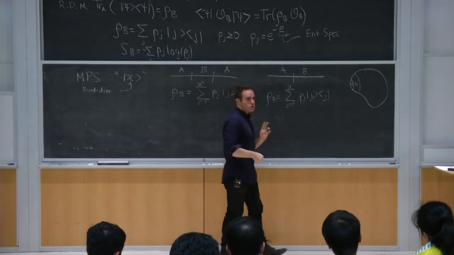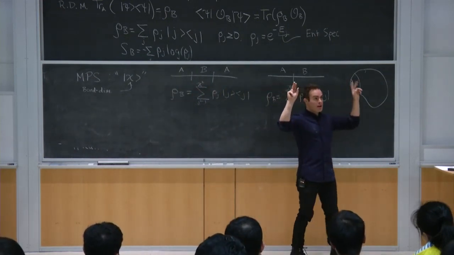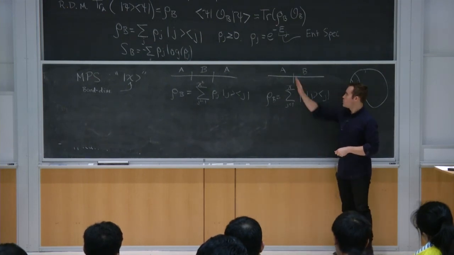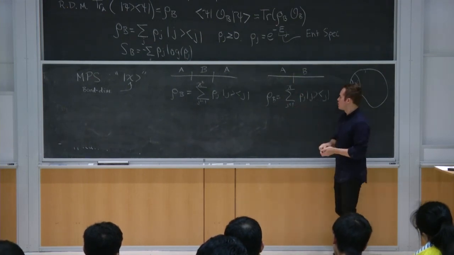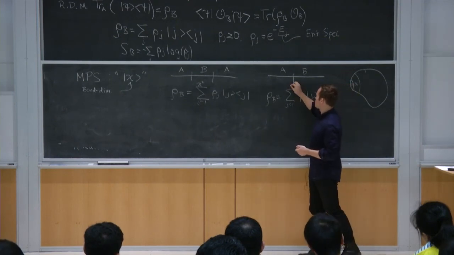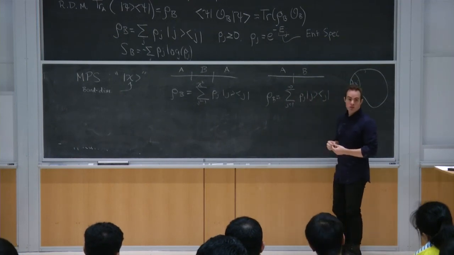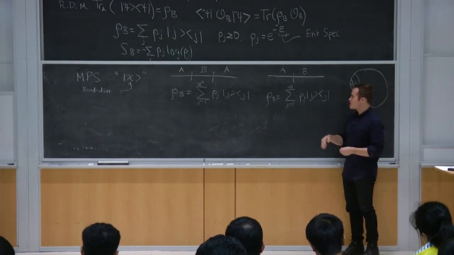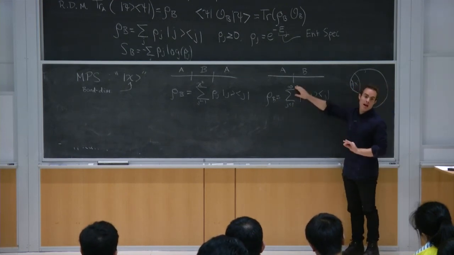Let me say what I might naively think the answer would be, as you pointed out. You could think of this as a two-step process where you imagine there's the exact ground state of the conformal field theory, and if you make some particular cut here, it's going to have an entanglement spectrum with an infinite number of eigenvalues. Now, the definition of this matrix product state variational ansatz is that I'm only allowed to keep chi of them.